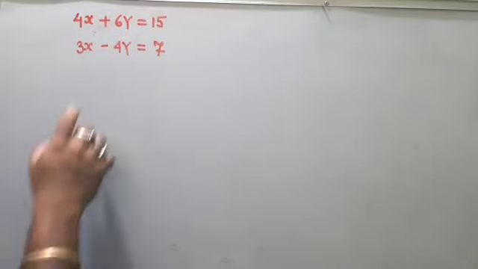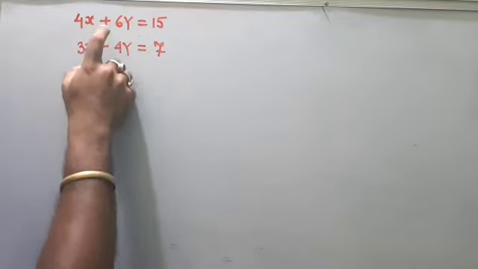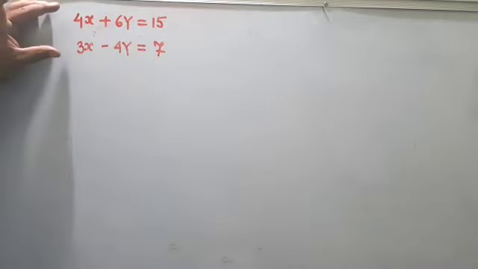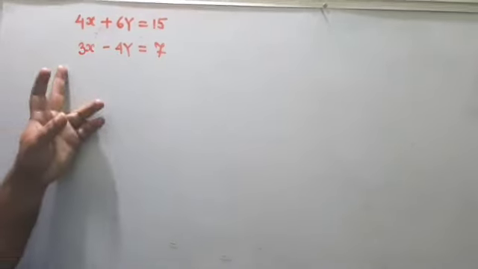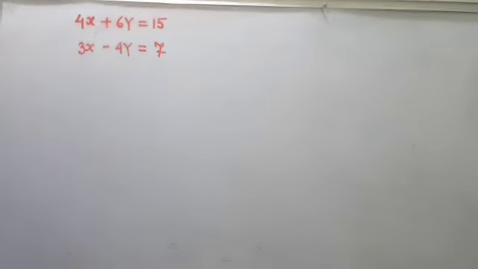So in this case, we eliminate y because they are in positive and negative terms. Opposite terms are there, that's why I eliminate y. Yes, you can eliminate x also, but if you use my trick, then it is easy for you.